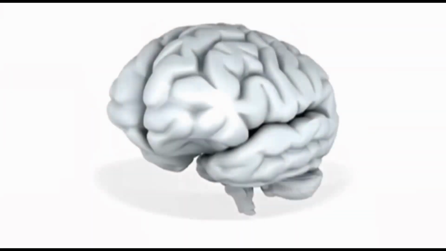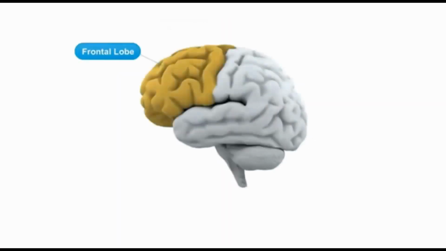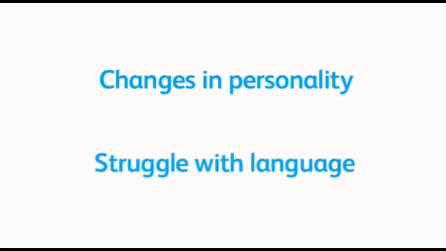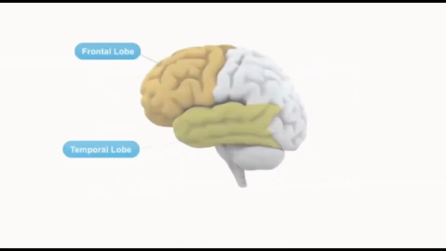Frontotemporal dementia. Frontotemporal dementia covers a range of conditions that affect the frontal and temporal lobes of the brain. These areas control behaviour, emotional responses, and language. This means that people with this type of dementia often experience changes in personality and mood, and struggle with language, for example, in finding the right word. This is a fairly rare form of dementia, which is more likely to affect younger people.